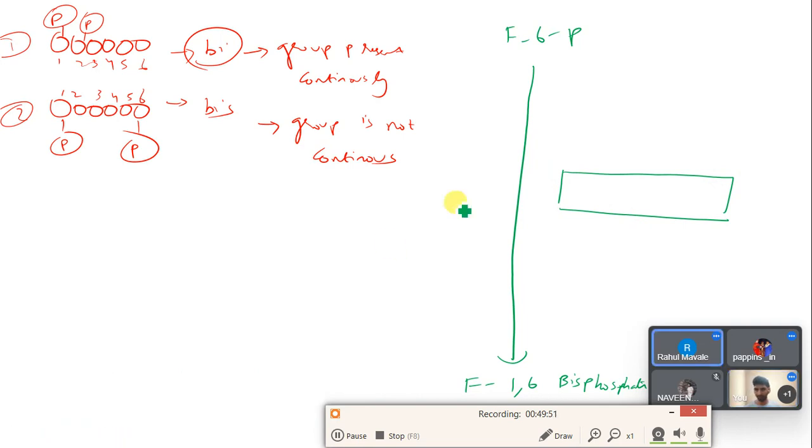Phosphofructokinase. Phosphofructokinase. Do you remember that we talked about phosphofructokinase before, around 20 minutes before? Which one was that?